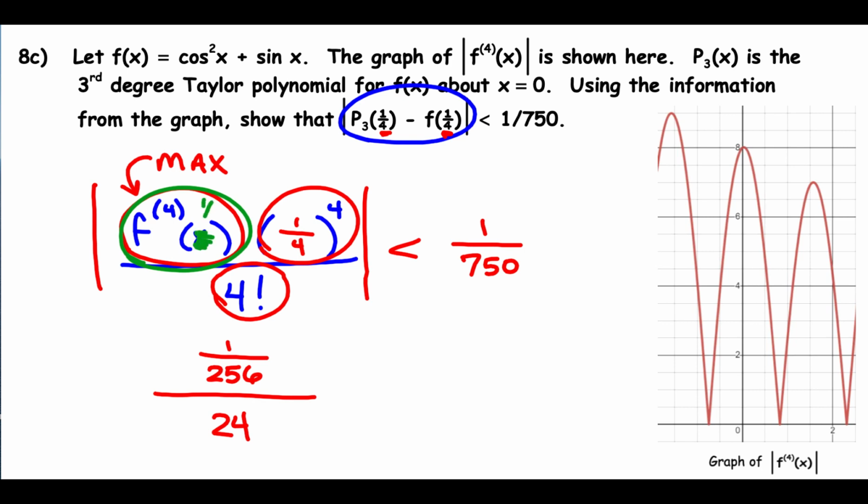I forgot to put the 1/4 in that first one. So what is the fourth derivative at 1/4? Well, we have a graph of the fourth derivative, as luck would have it. You can see that since this is 2, this will be 1 right here. This is 1/2. Here's 1/4 right here.